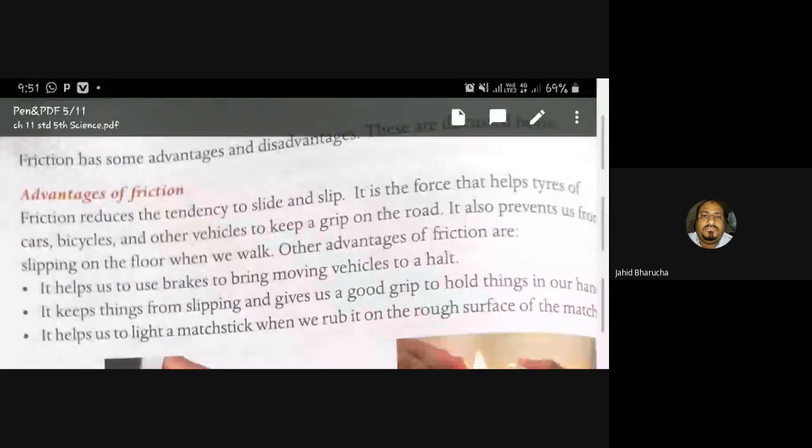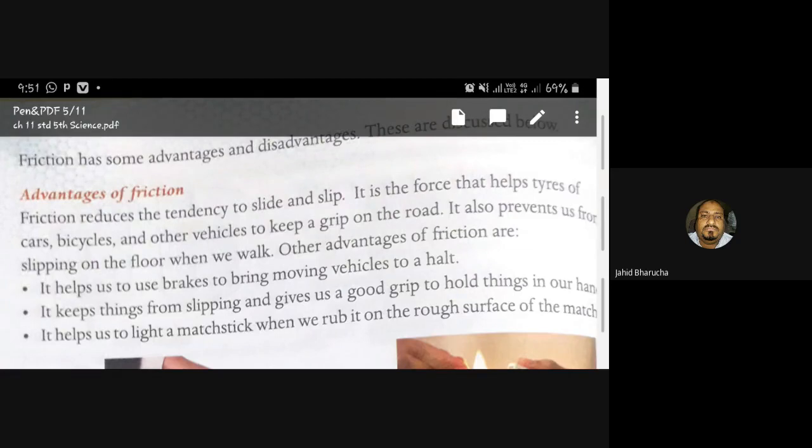Friction reduces the tendency to slide and slip.